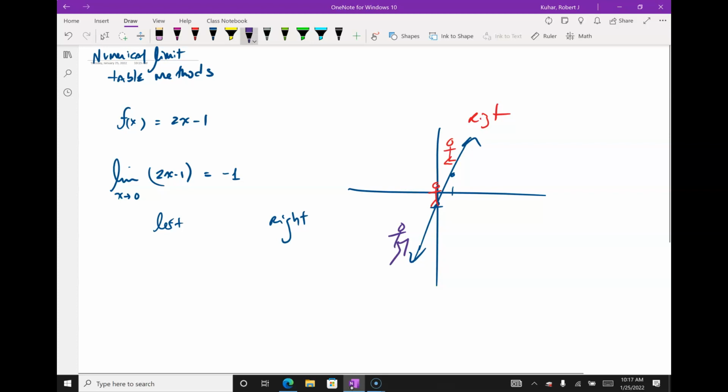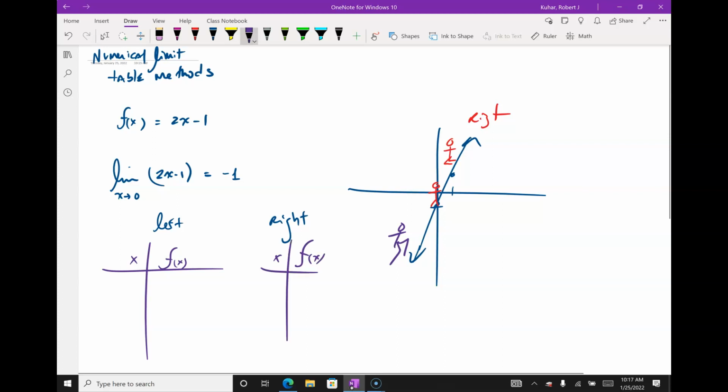So I have to think of things left and right. When it's graphical, it's obvious. We're so used to looking at a graph, we look at the point, we are kind of approaching this from the left and the right. But they have to match up. So I need an x and an f of x from the left, and an x and an f of x from the right.